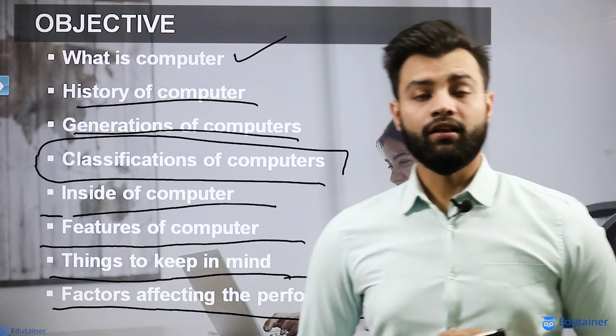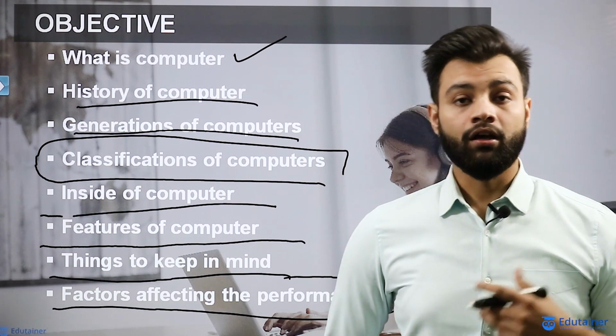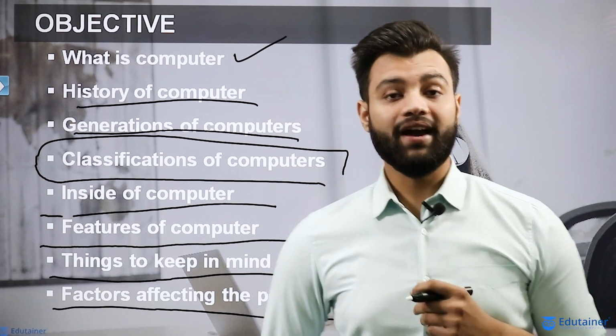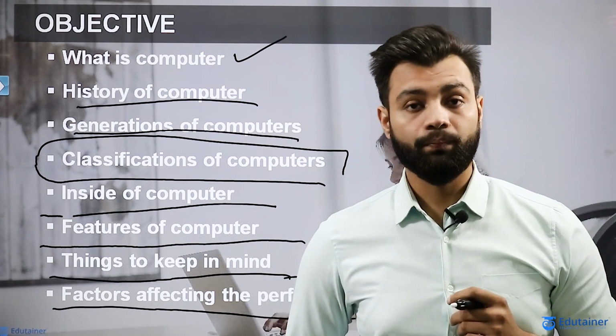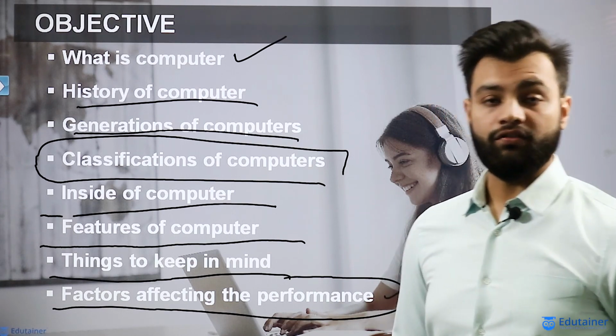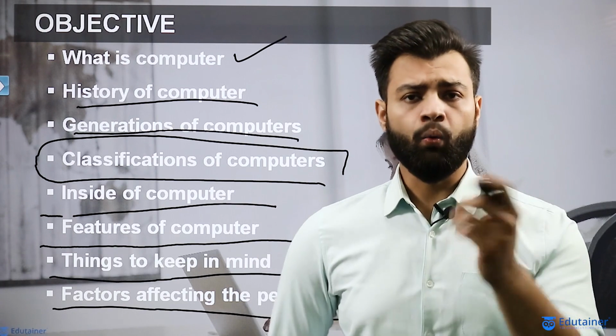You have heard a number of people saying that their system is not working fast, it's working very slow. So what are the major factors that make the system slow? We will also cover that in this objective. So let's start with the first objective. What is a computer?